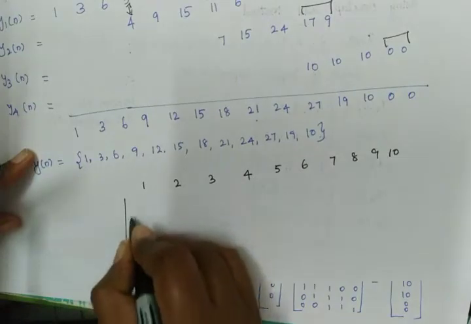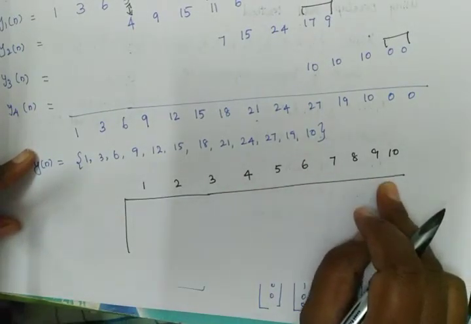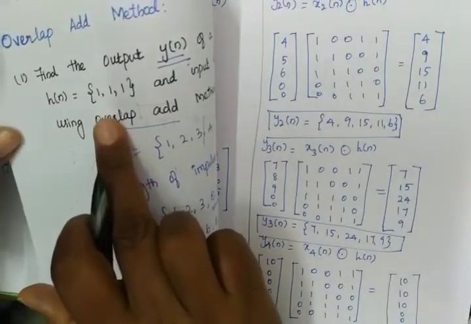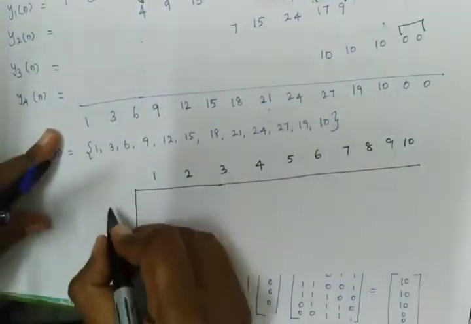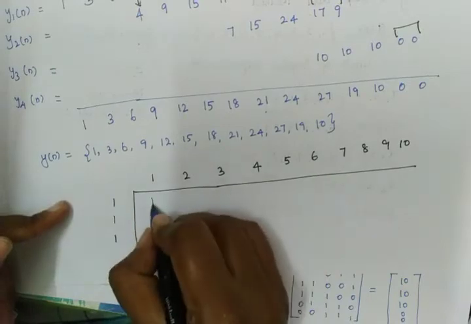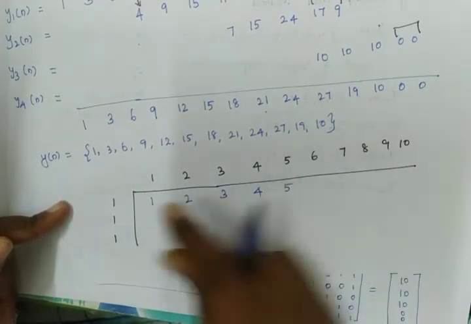So we have up to 10 here. This is the sequence given in the question. And what is our h of n? H of n is equal to 1, 1, 1. So write that 1, 1, 1 here. Now what we have to do is just multiply this. 1 into 1 will be 1. Here it is 2, 3, 4, 5. Multiply this.